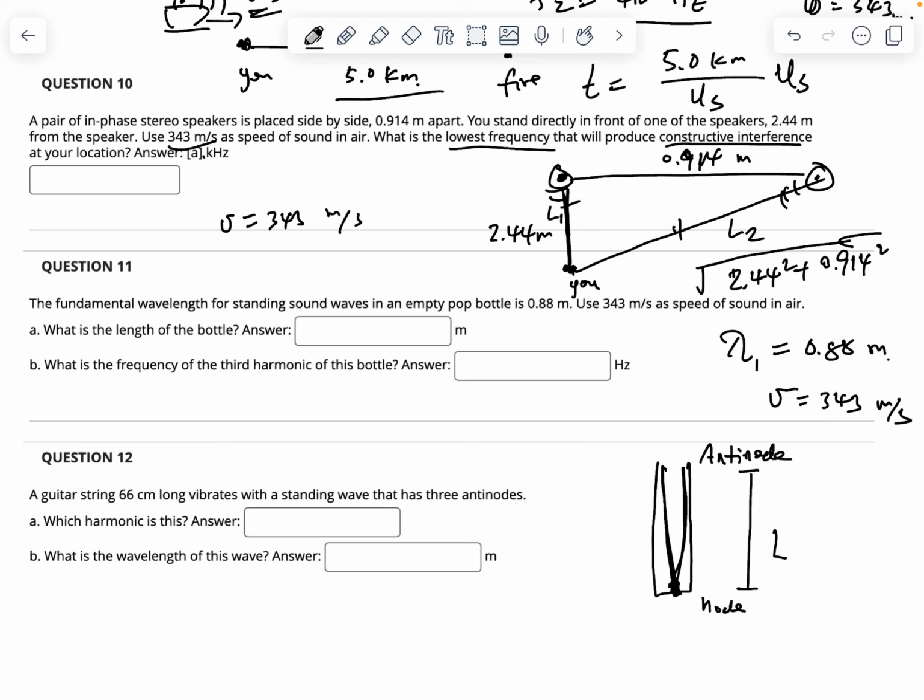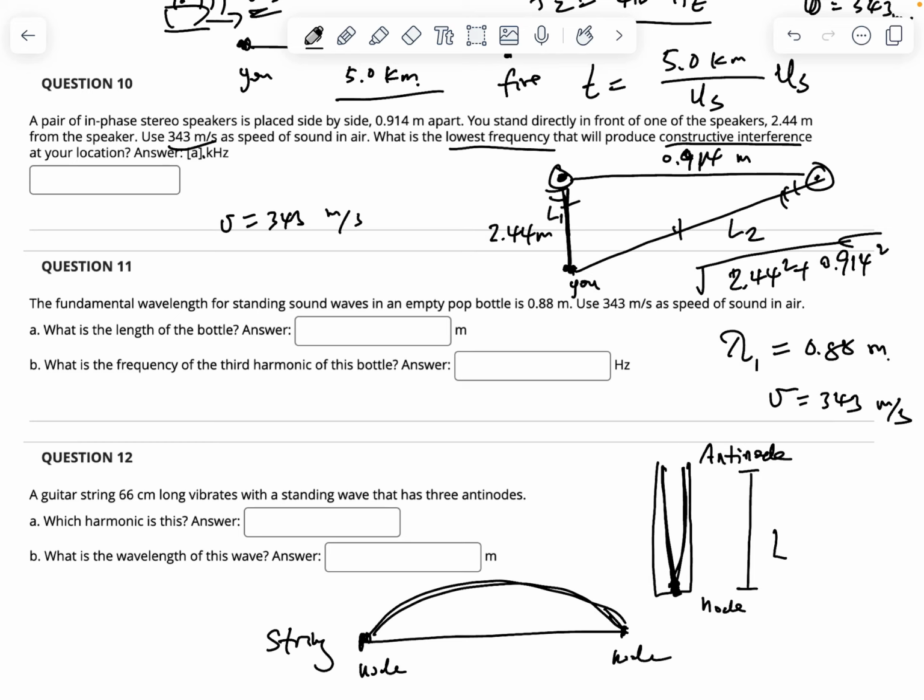The distance, well, you see, if you look at the string, right? Both ends are fixed. Okay, so for this string, the lowest one is this, right? So fixed end. This is a string. You see, this is node.